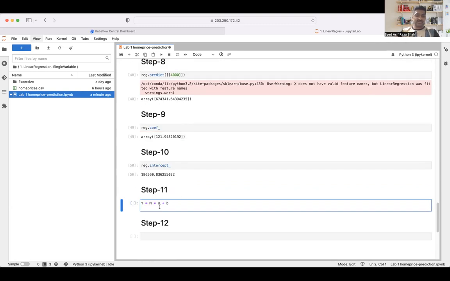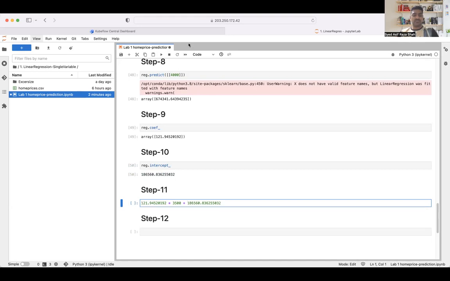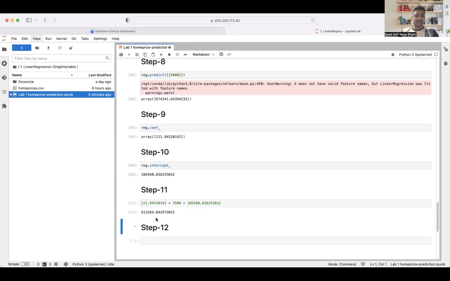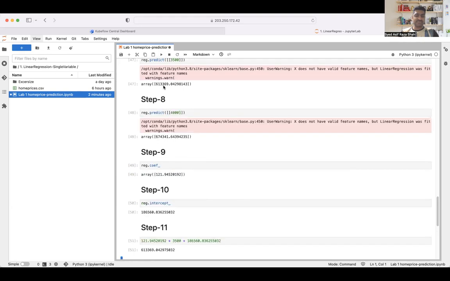It should be our coefficient multiplied by the area that we want to predict, plus the intercept. If we run this, hopefully we will see the same thing, right?